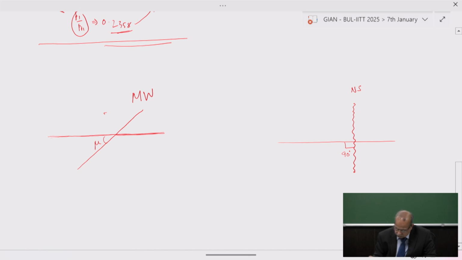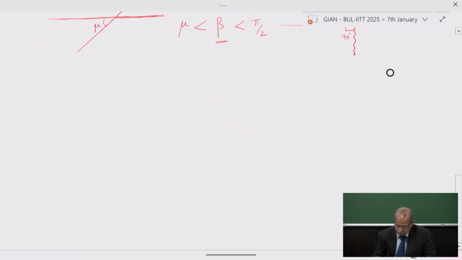Here is the weakest one, here is the strongest one. Anything in between, which we call beta, is the oblique shock wave.